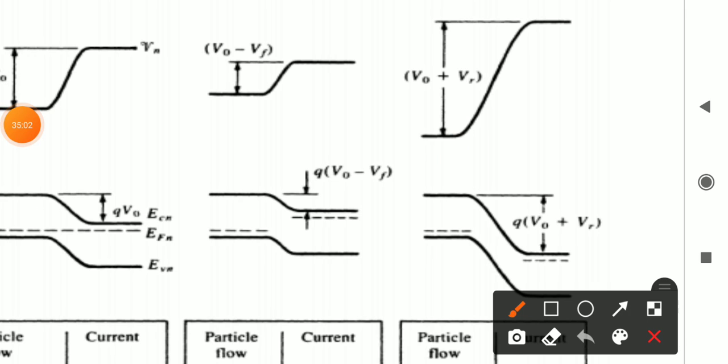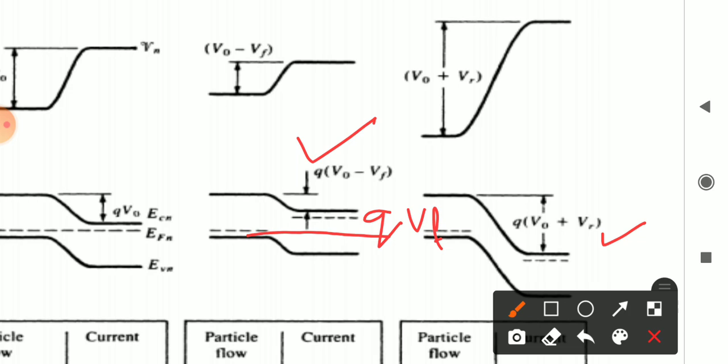Exactly opposite to that of a forward potential, we need to draw this one. That is, the bands are separated at Q times V0 plus VR under reverse bias, then at equilibrium. So the length, that is how much value it is shifted above, is Q times Vf.